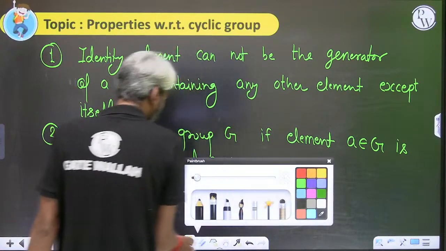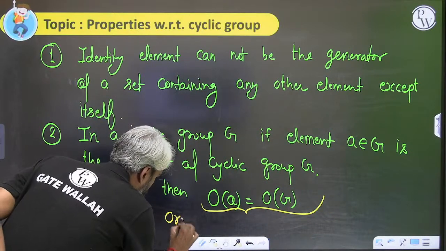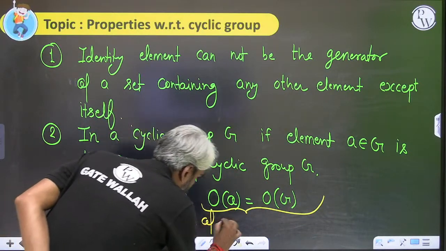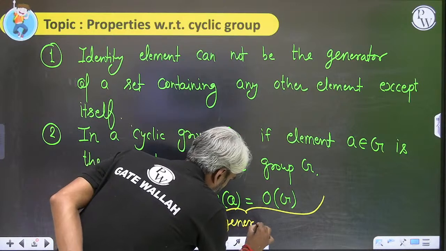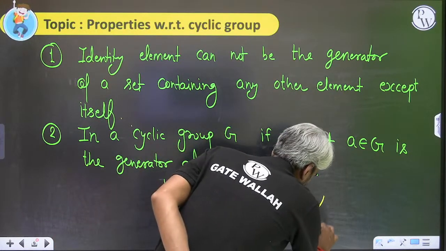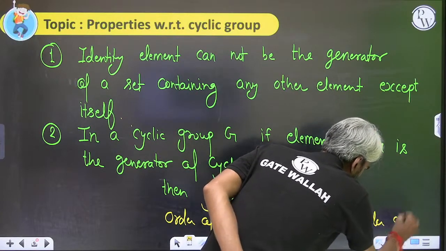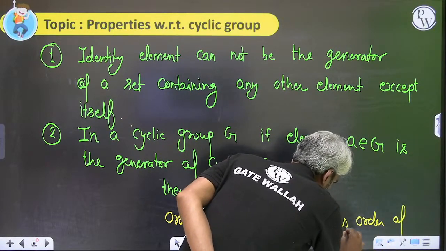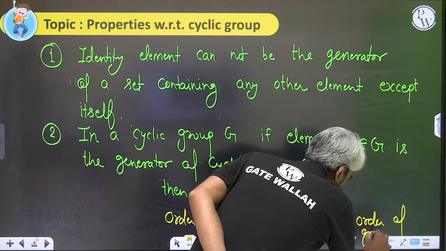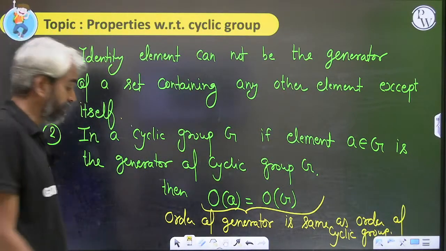Order of generator is same as order of cyclic group.